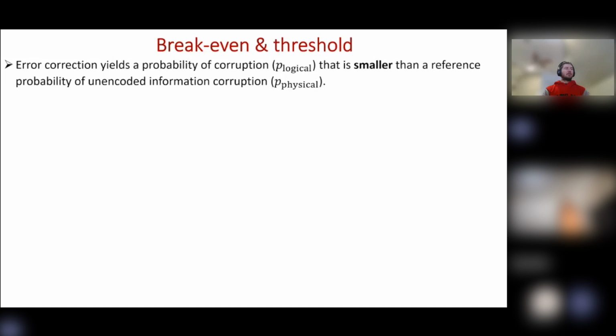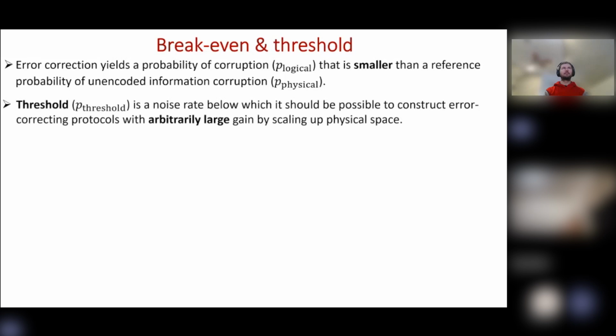In quantum, because quantum systems are so fragile, and because you're going to have to do gates on these things, what people really look for is something more ambitious. They find families of codes that have what's called a threshold.